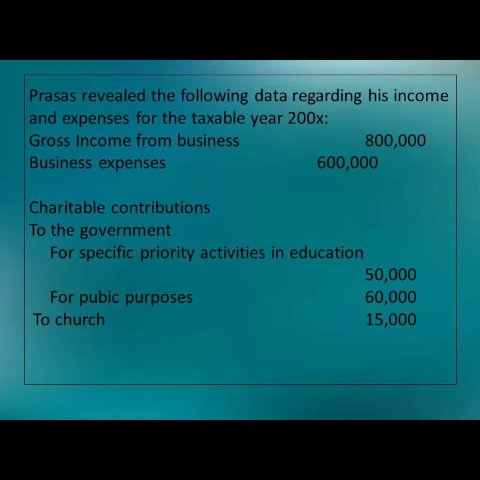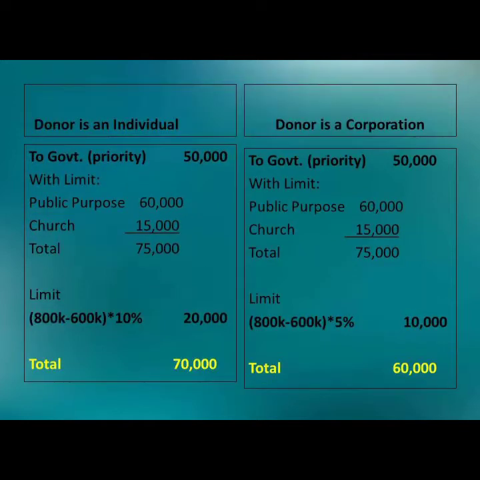The total deductible charitable expenses of Paras would be, let's assume that the donor is an individual taxpayer. We have to pick the contributions deductible in full, which is the priority activities in education, 50,000. The contributions subject to limit are those for public purposes and for the church.